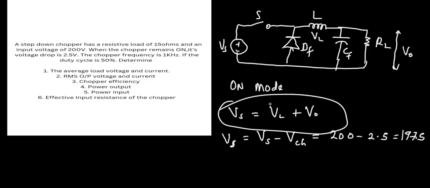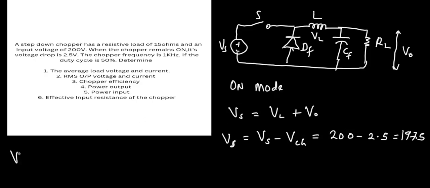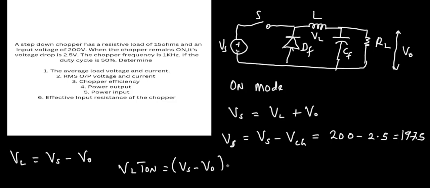So from this equation, we have VL equals Vs minus V naught. Multiplying both sides by T on, we have VL T on equals Vs minus V naught multiplied by dT.